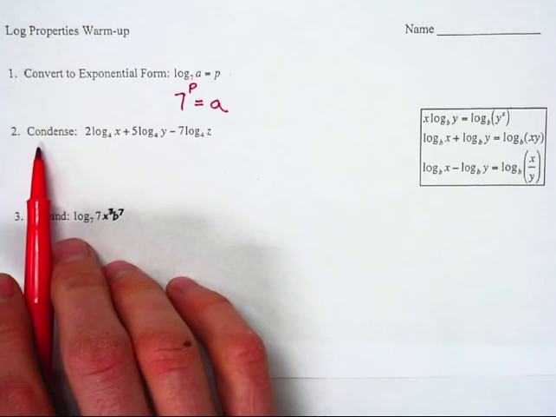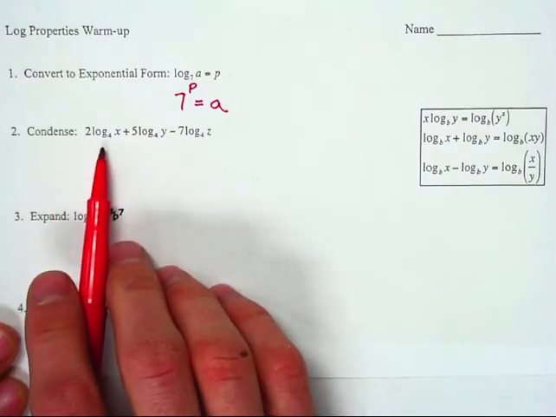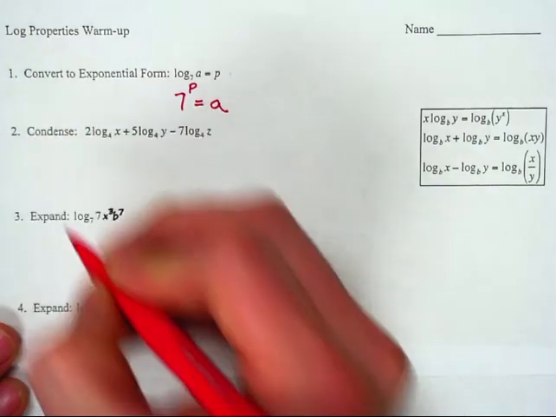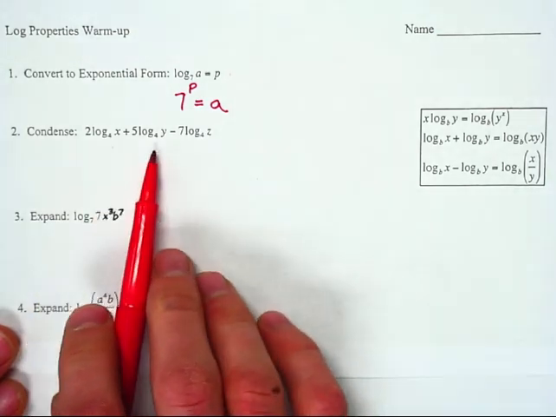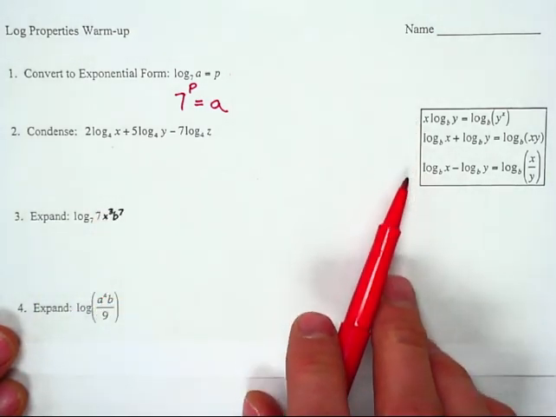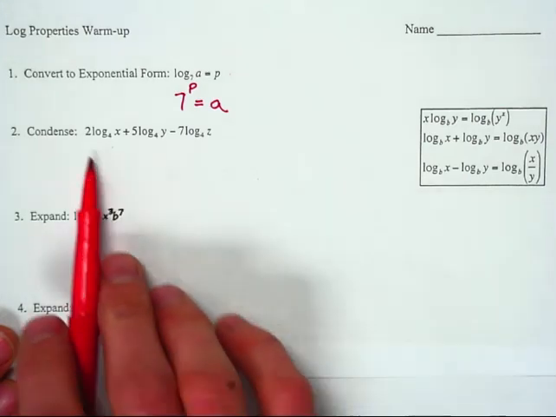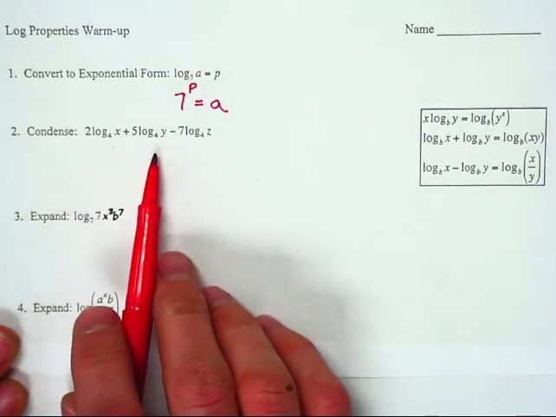Now we use our properties. So we have condense. We're going to try to change this into one logarithm if possible. Now these all have the same base, which is why these properties are going to work over here. So we're going to convert this into one logarithm expression.